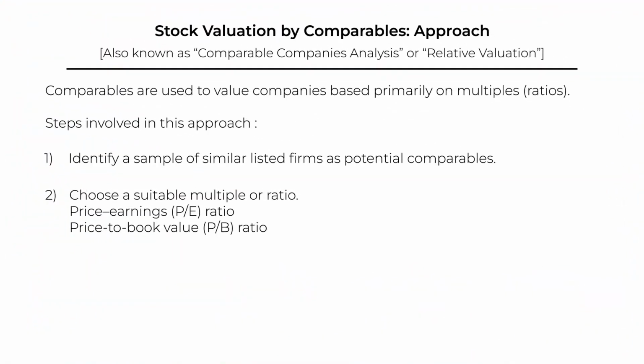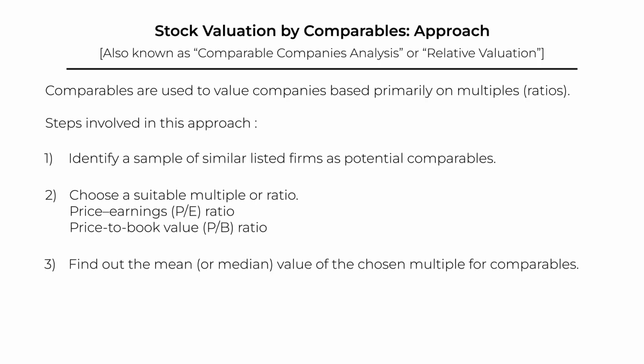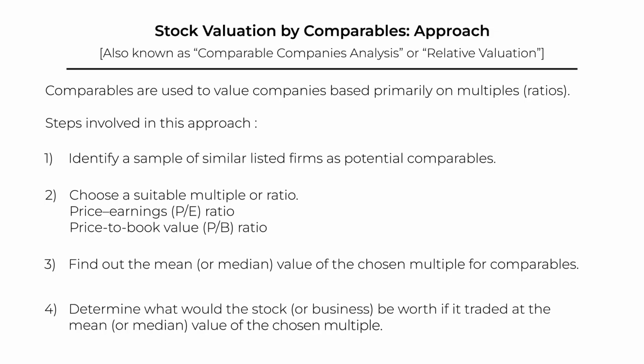The third step is to find the mean or the median value of the chosen multiple for our comparables. And finally, the last step is to estimate the stock price. This involves answering the question: what would the stock be worth if our firm traded at the same multiple as that of our comparables?